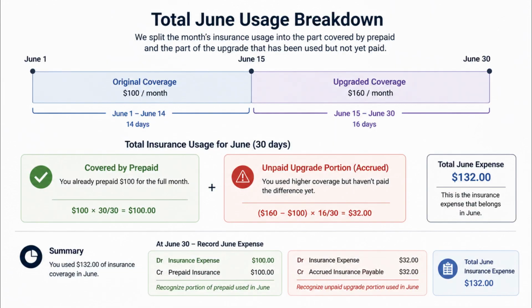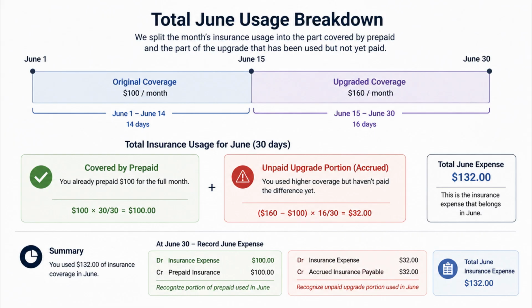Step one, what was already paid? Well, you prepaid $100 for the full month, so part of June is already covered. Step two, what was actually used? From June the 15th onward, you used higher coverage. That extra portion, the difference between $160 and $100, is $60 per month.